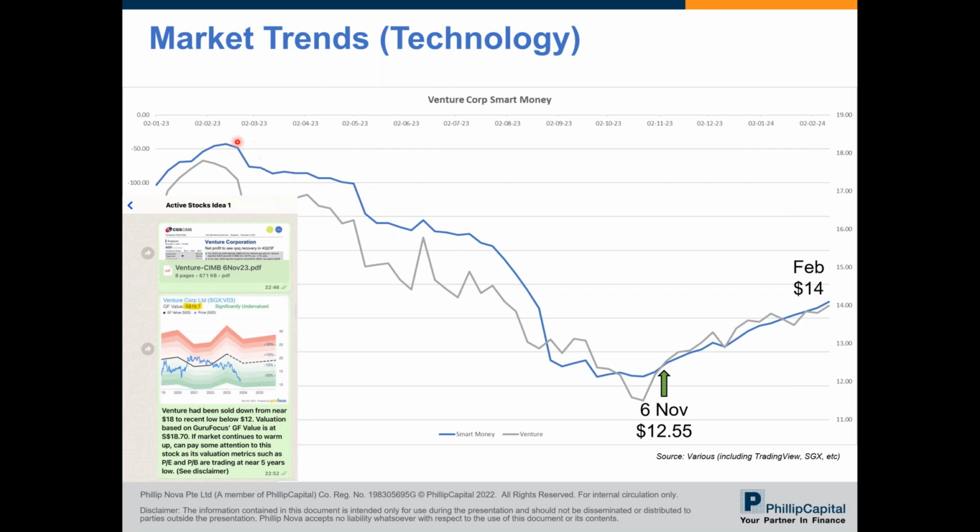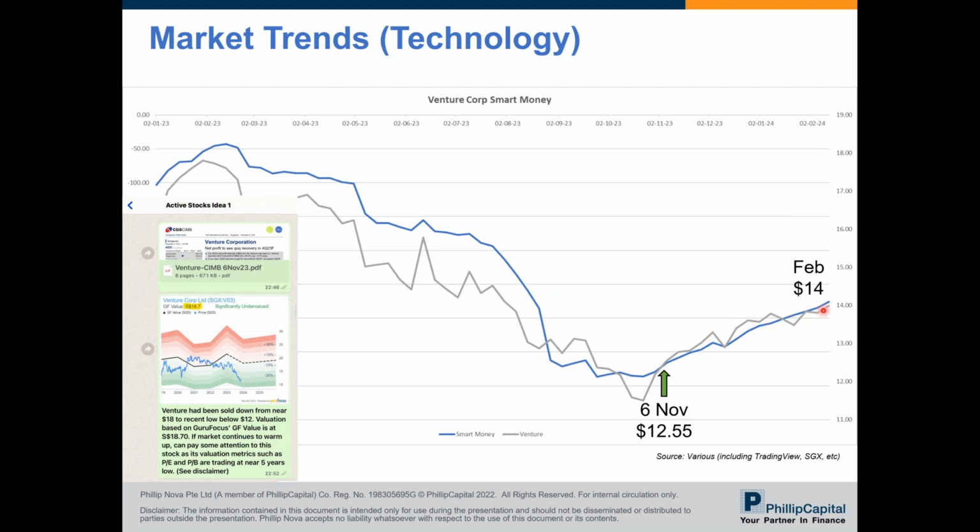As the blue line has shown, the smart money had been selling, and the price of Venture has been falling as well. Then somewhere in early November last year, smart money turned from seller to buyer, and they've been buying Venture since.